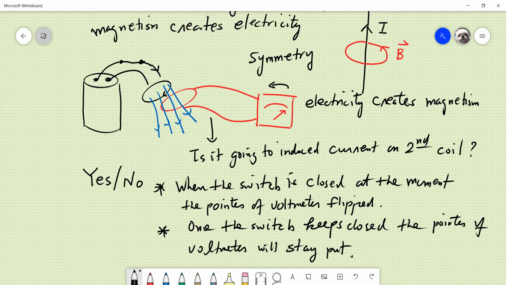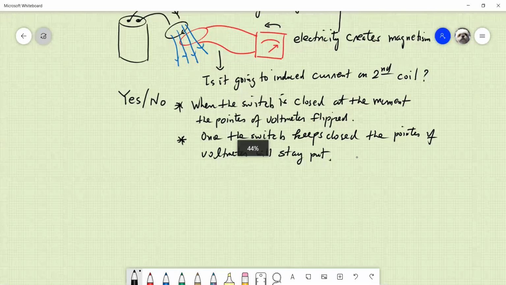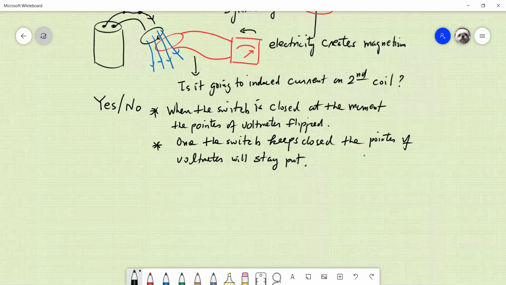Good. So therefore, the answer is yes and no. Later on, Faraday thought about that and modified his original idea.